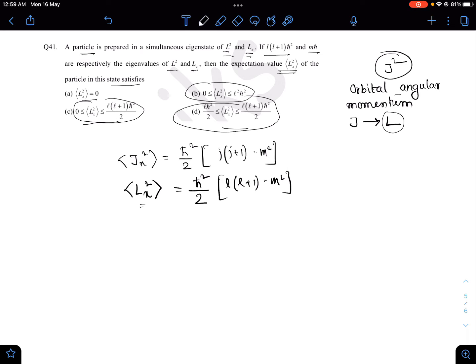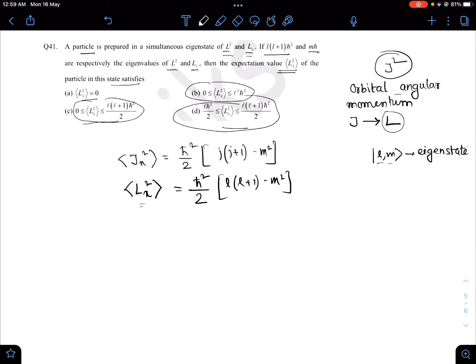That expectation value is for the Lm eigenstates. So we have to find the range within which this Lx square expectation value lies.